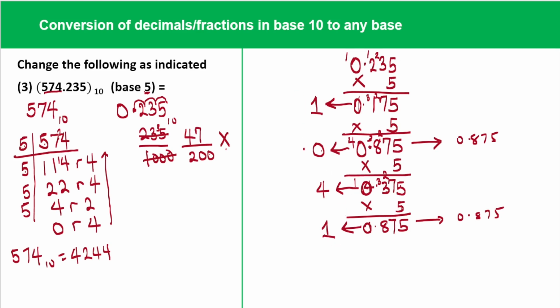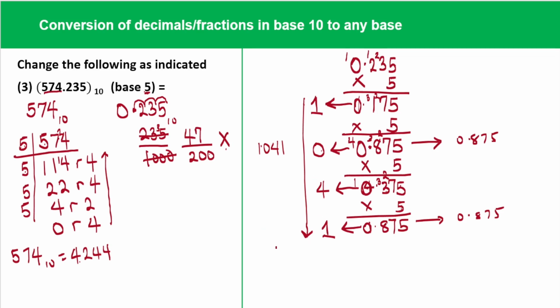Therefore, the whole numbers here will now be combined together to form the answer for the decimal part. The answer for the whole number is 4244. The answer for the decimal part is 1041, writing from the top to the bottom.